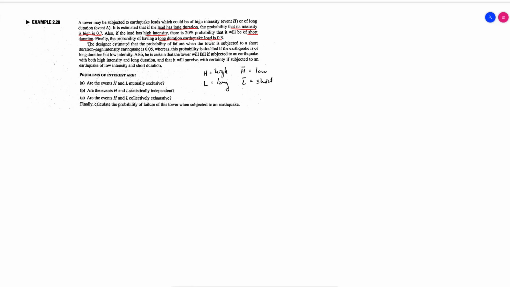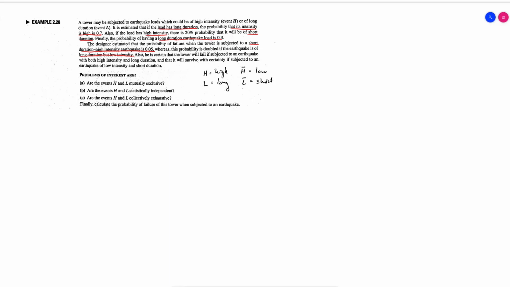Okay, so the designer estimates the probability of failure when a tower is subjected to a short duration, high intensity earthquake is 0.05, and then that's doubled if the earthquake is of long duration but low intensity. All right, so we're gonna have to remember all those things or write those down.